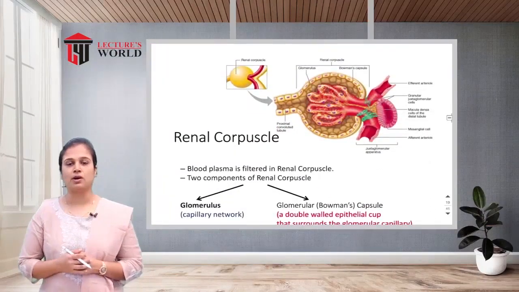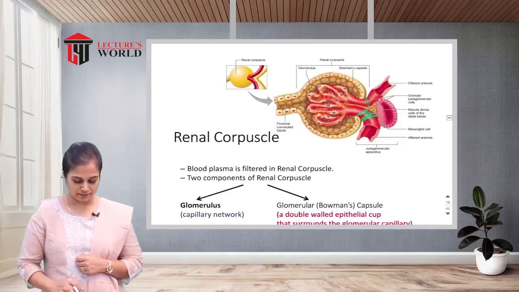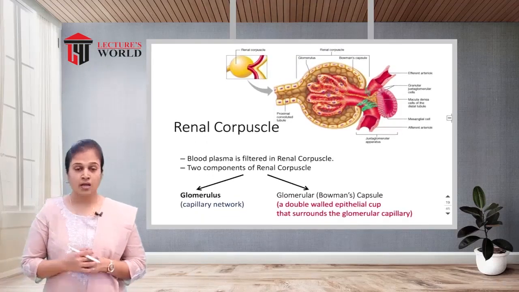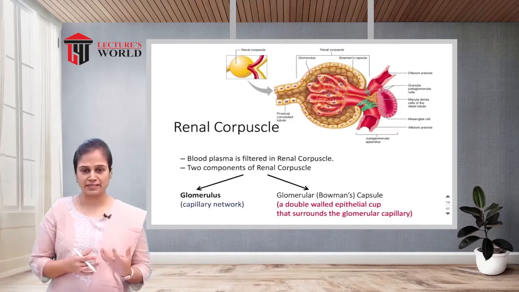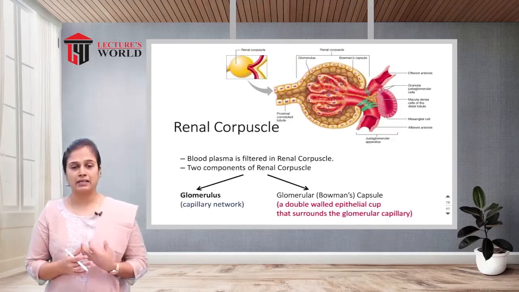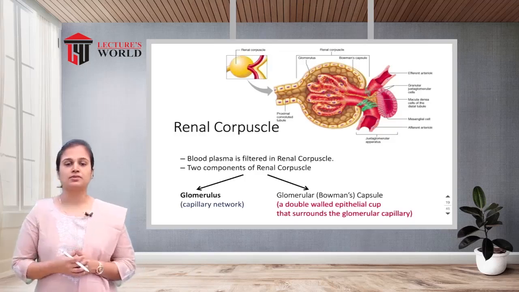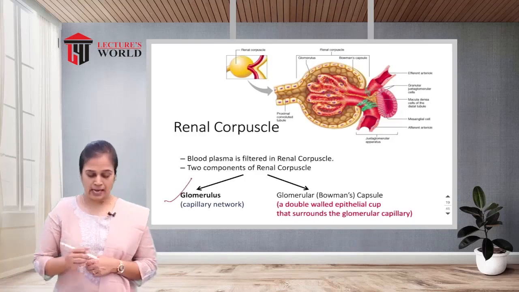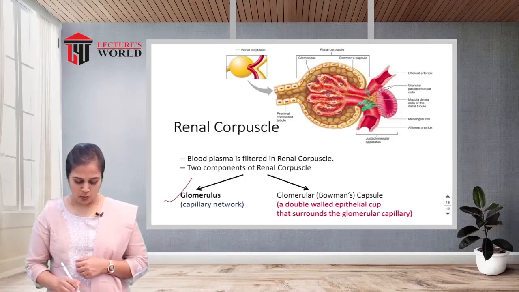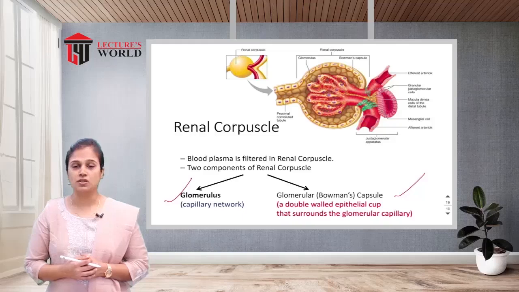First we will talk about the renal corpuscle. The renal corpuscle filters the blood plasma, and there are two components of the renal corpuscle. First is the glomerulus and second is the glomerular capsule, also called Bowman's capsule.